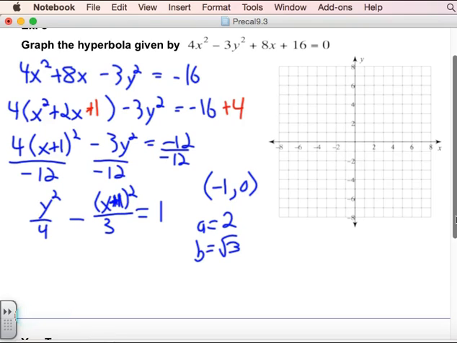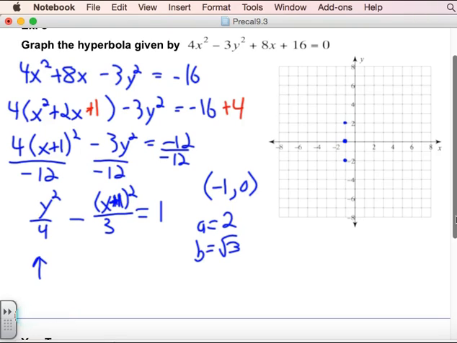Now we can sketch a graph by plotting our center, (negative 1, 0), right here. Then A is 2. Remember, on this one the 2 came from the fraction with y, so our transverse axis is going to go vertically this time. A counts up and down, so we go up 2 from there and down 2 from there. Now B is the square root of 3, which is some value between 1 and 2.